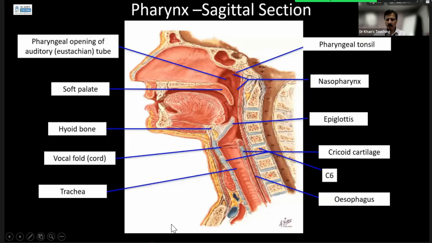So the hypopharynx or the laryngopharynx then is in continuity with the esophagus. And so this is the cricoid cartilage. Posterior to that is the post-cricoid portion of the hypopharynx as well as the esophagus. Radiologically speaking, you cannot discriminate where hypopharynx has ended and esophagus has begun. But generally speaking, C6 is the landmark.